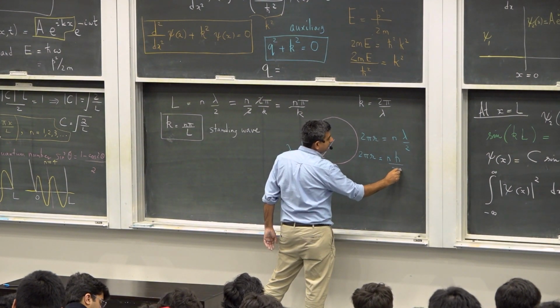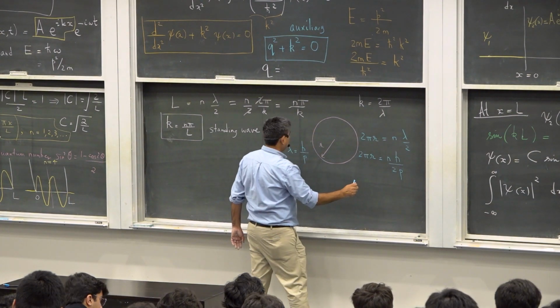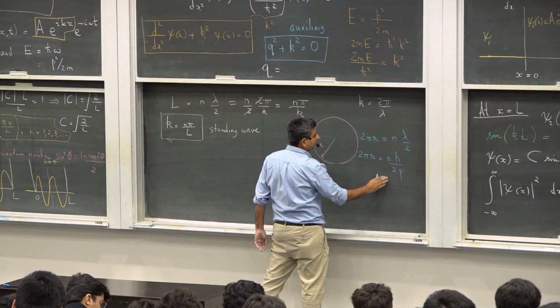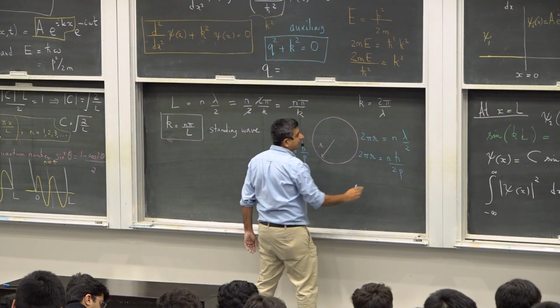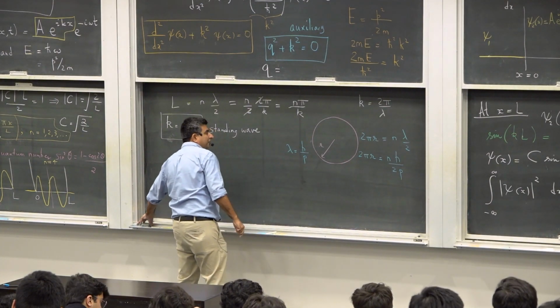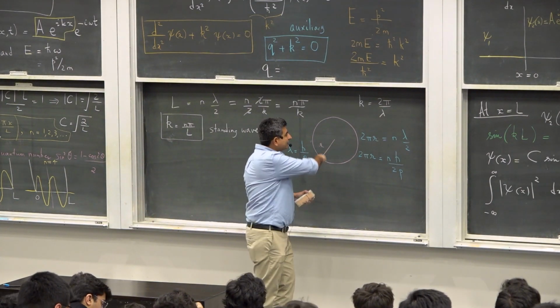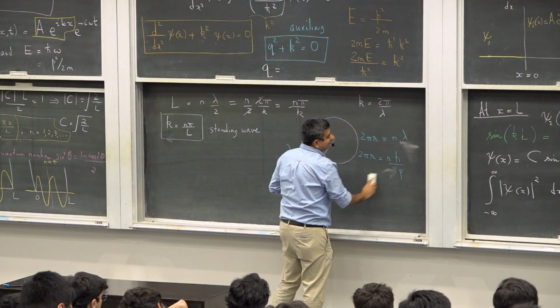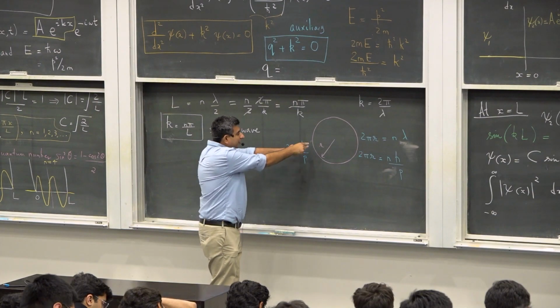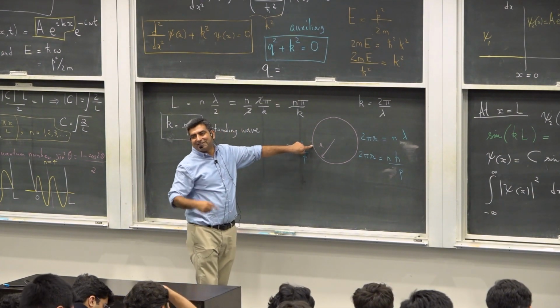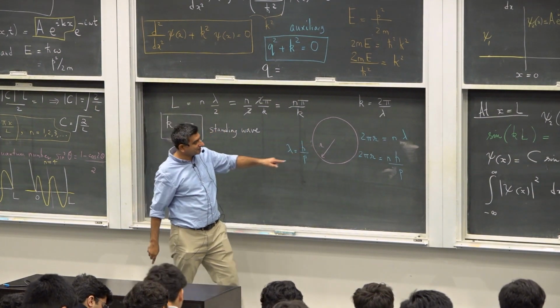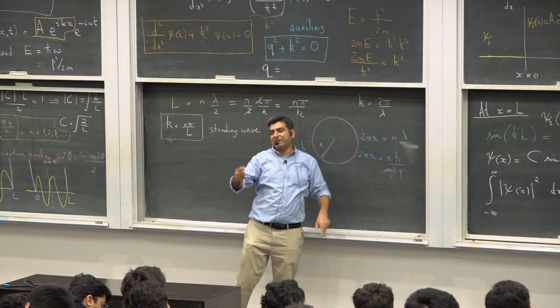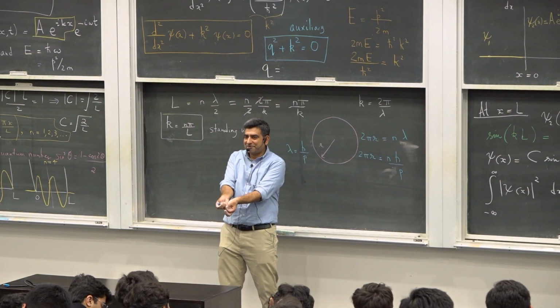In fact, it shouldn't hold a half-integer; since this is continuous, it must hold an integer number of full wavelengths because it's tied to itself.